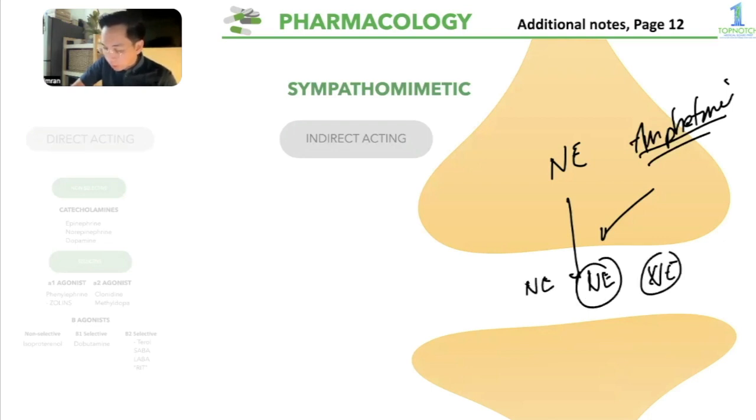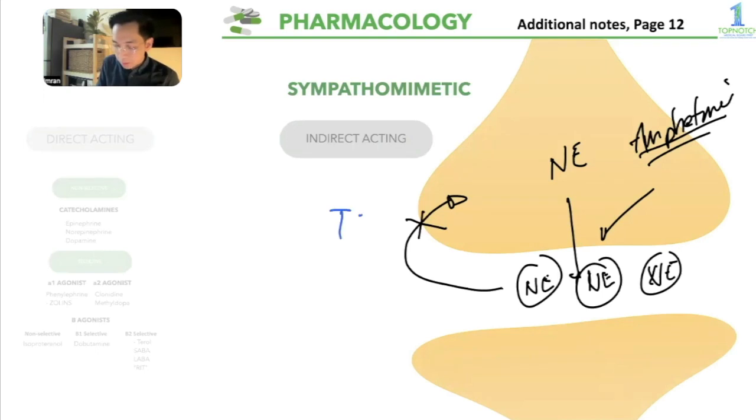Now, one more thing to remember to raise the level of norepinephrine or catecholamines is to inhibit the reuptake. Earlier I taught the reuptake mechanism. So what do you give? What blocks the reuptake?